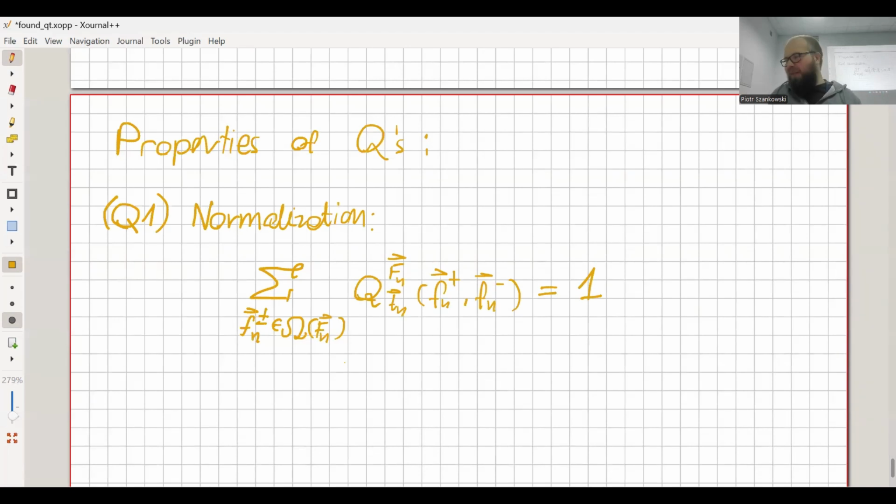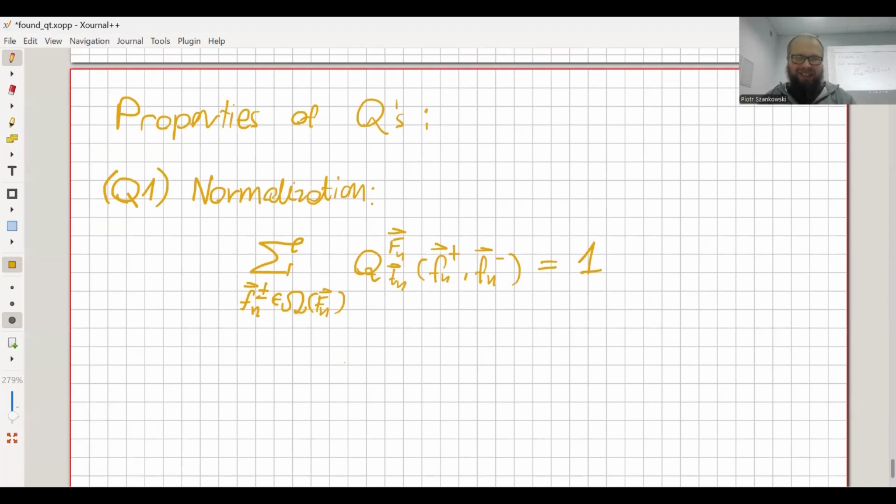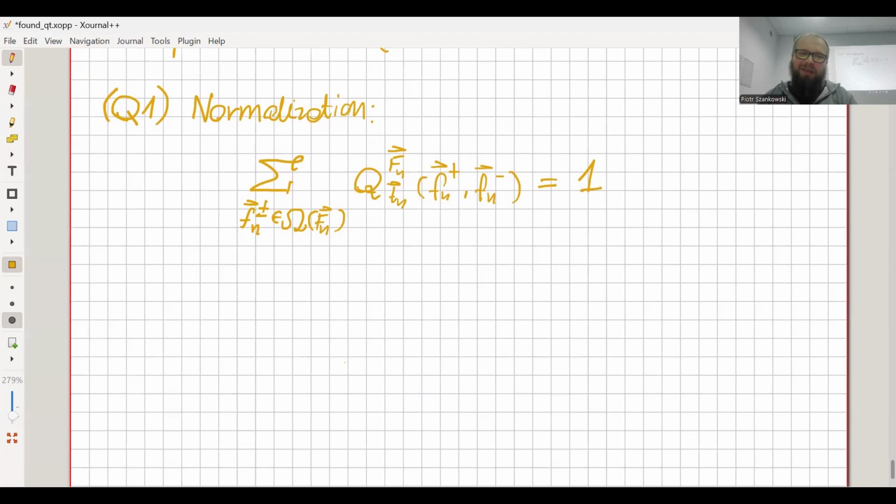On its own, it's not really connected to any specific observation we made, but there will be 5 properties, and they support each other. But how would you come up with this Q1? Well, this is what you would imagine the generalization of normalization of a probability distribution should look like.